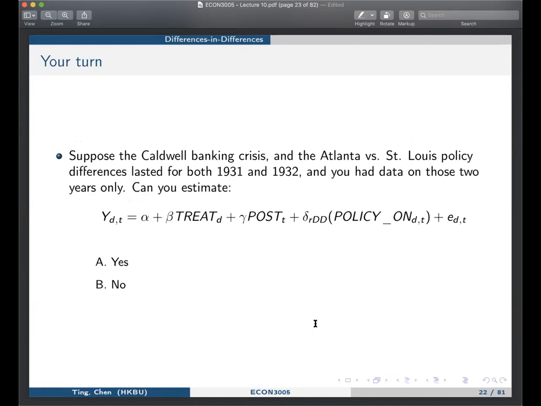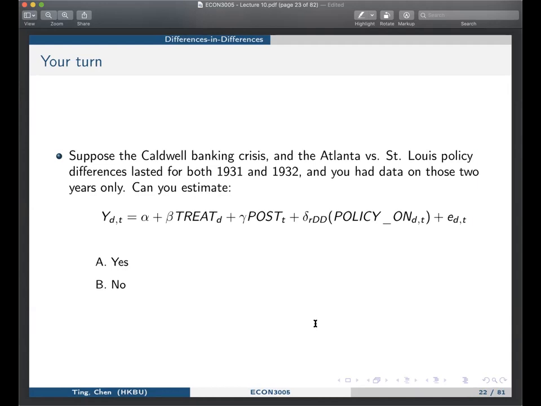Another question. Suppose in Carver's banking crisis, the Atlanta versus St. Louis policy difference lasts for both 1931 and 1932, and you have data on those two periods only. Can you estimate this DD equation? Yes or no? Let me give you 5 seconds. 3, 4, 5.